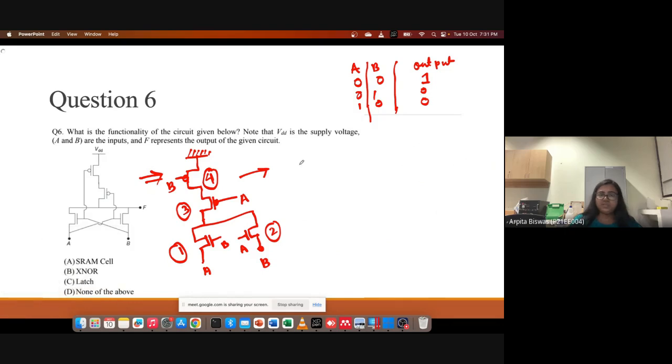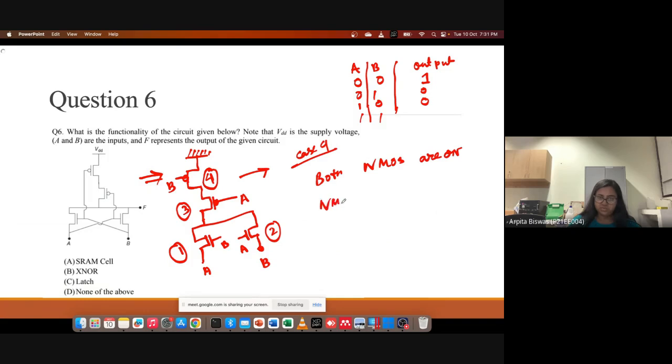So let's take the fourth condition, case 4. In that case, both NMOS, it means the 1-1 condition, right? Both NMOS are on condition. So NMOS will pass and PMOS off.